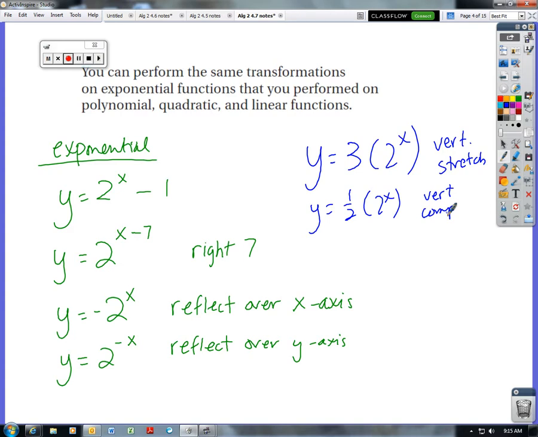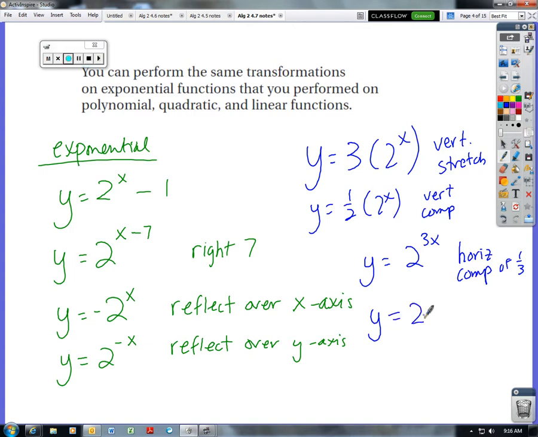And then on the other hand, if we had y equals 2 to the 3x, the 3 is up there with the x, so that's going to be a horizontal, and we have to be careful with the horizontal ones. They are the reciprocal, so it's actually like 1/3, so it's actually a compression of 1/3. Those are the tricky ones.